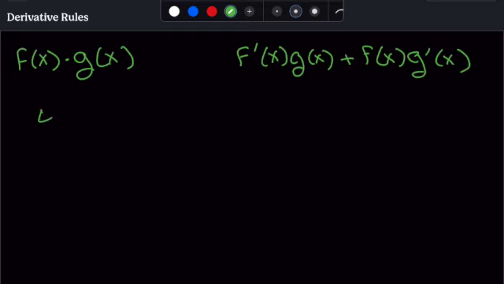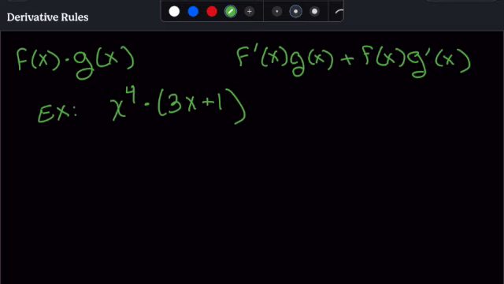So an example here would be something like x to the fourth times 3x plus 1, or something, I don't know.